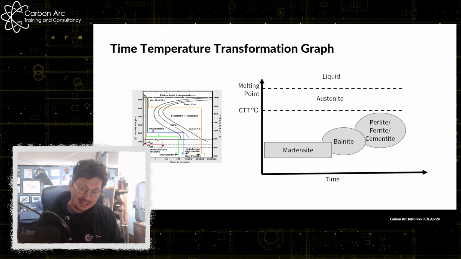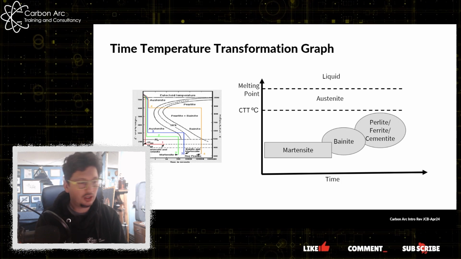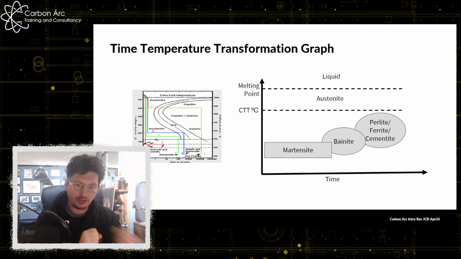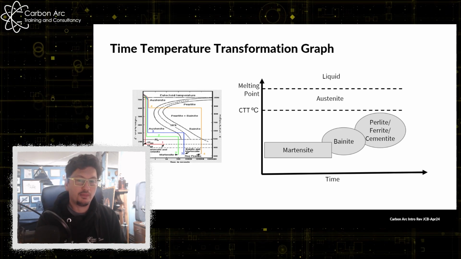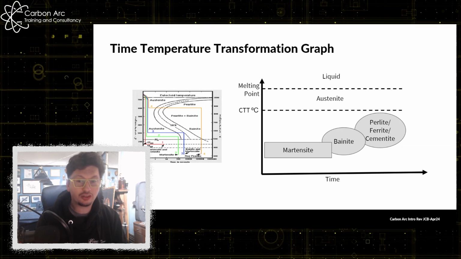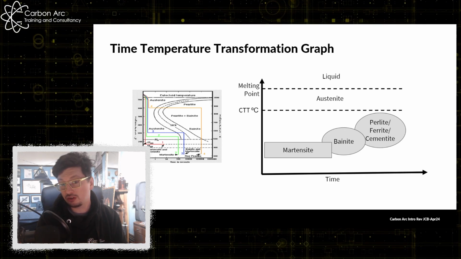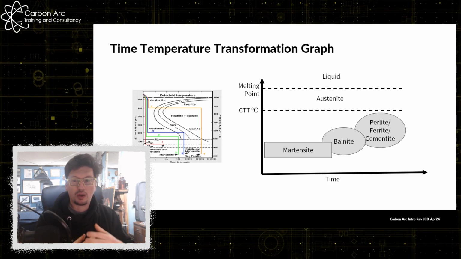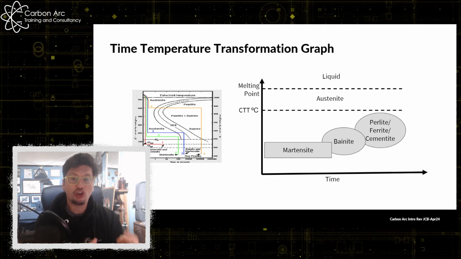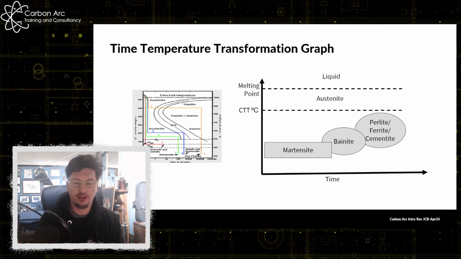And as it cools down, you can see we've got this austenite region, where there's enough energy in the material to have a grain structure, which is austenite. But then as it cools down and we get to what we call the critical transformation temperature, for carbon steel normally around 723 degrees, we're going to see a change from austenite to something else, the final grain structure in our material.